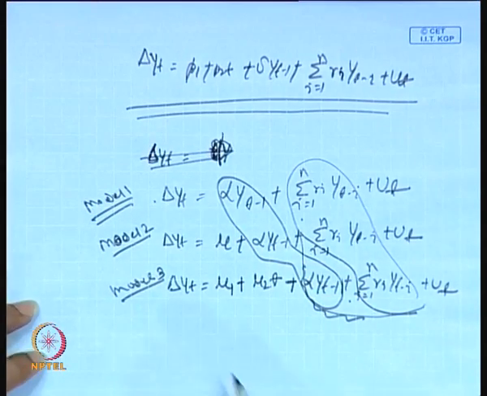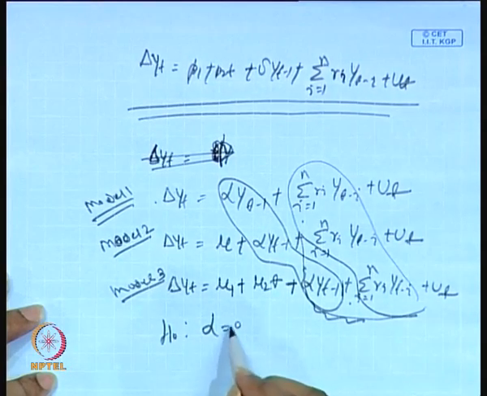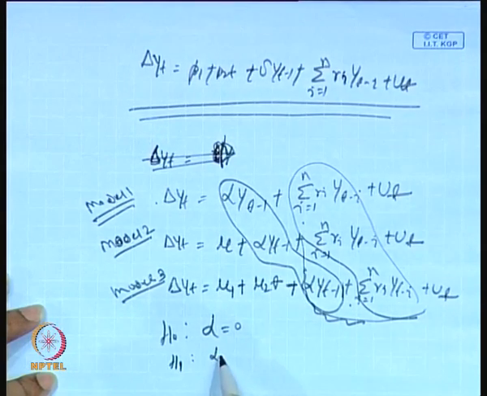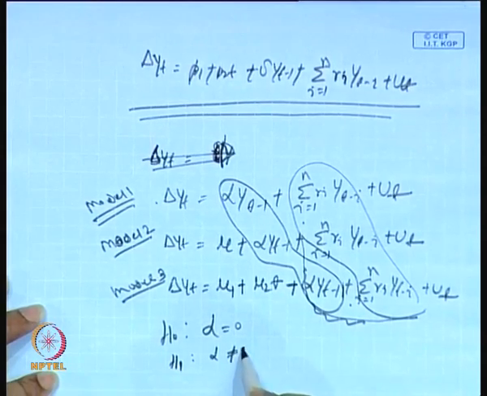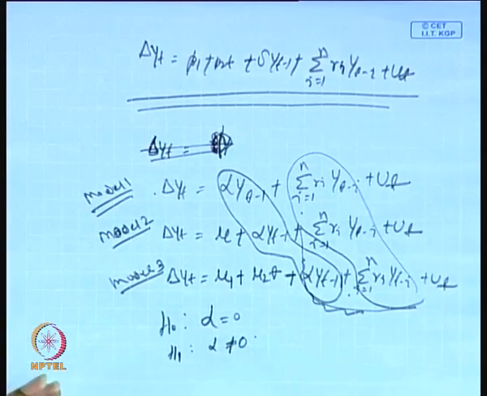The null hypothesis is alpha equal to 0, and the alternative hypothesis is alpha not equal to 0. So, in this framework your alpha statistic should be statistically significant. If the alpha statistic is statistically significant, then we say it is stationary in nature. If it is not significant, then obviously it is a non-stationary problem.